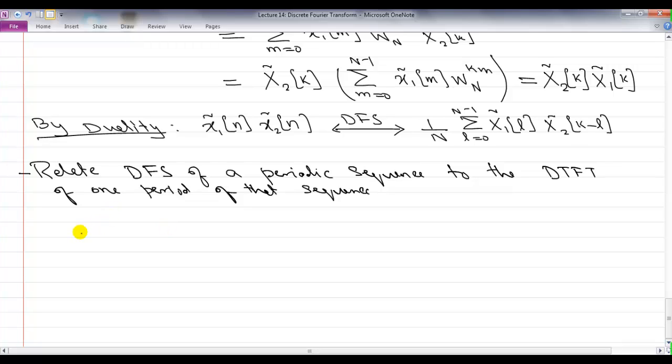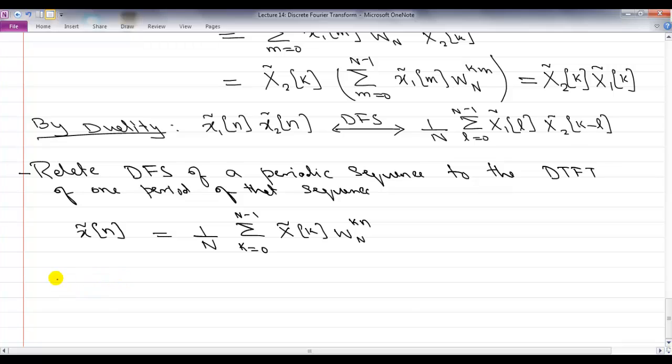So we are saying that x tilde of n, the way we have written our Fourier series, is given by 1 over N times a linear combination of these harmonics, W_N^{kn}, where the weights of the linear combination are given by my coefficients, and k goes from 0 to N minus 1.